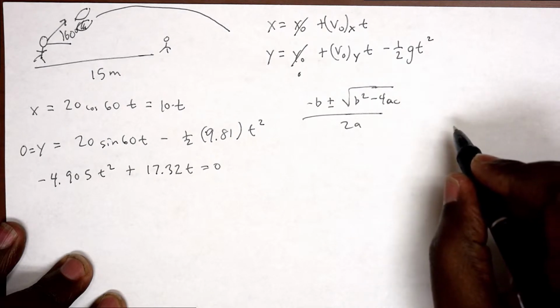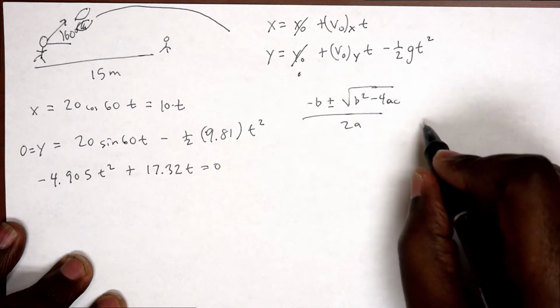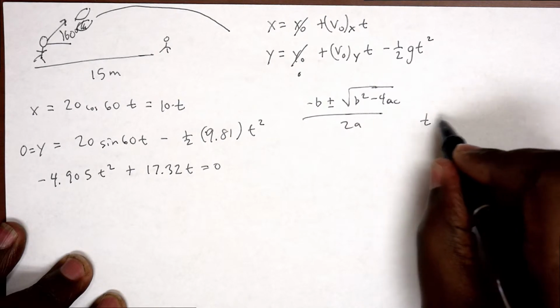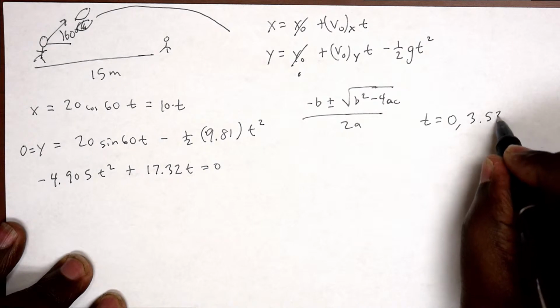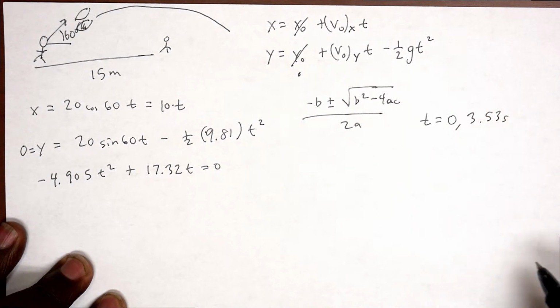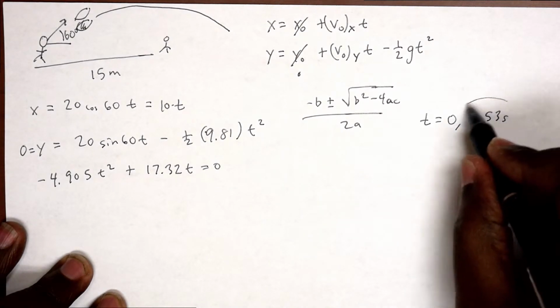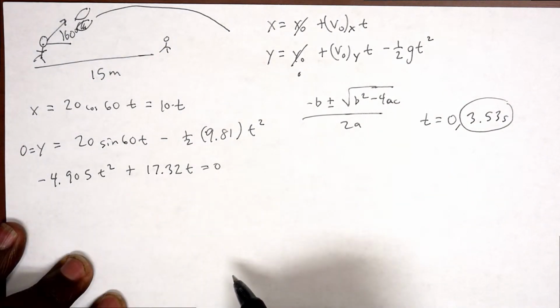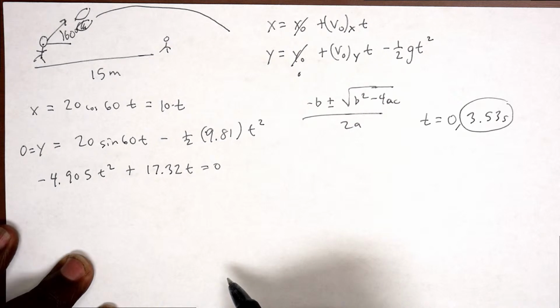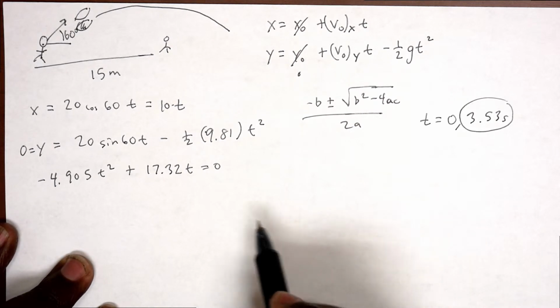So for the sake of time, when we solve that, we get two answers. We have t equals either 0 or 3.53 seconds. And so the one that we're looking for is actually the 3.53 seconds because the 0 is the origin where the ball is thrown.